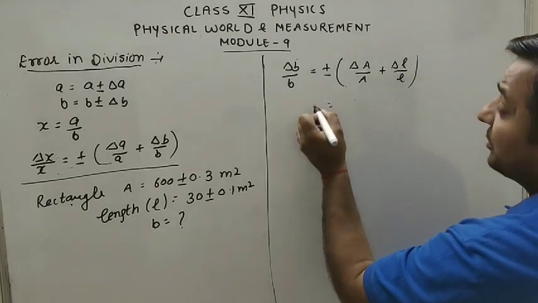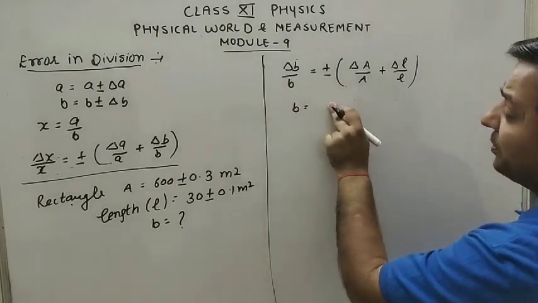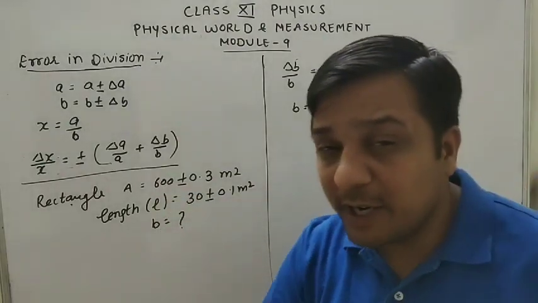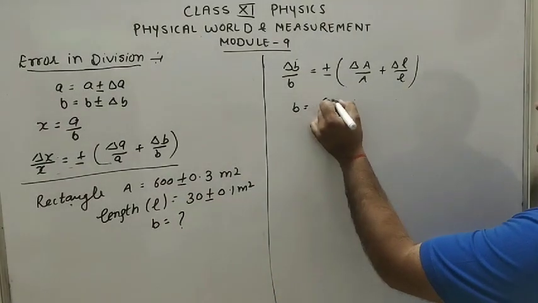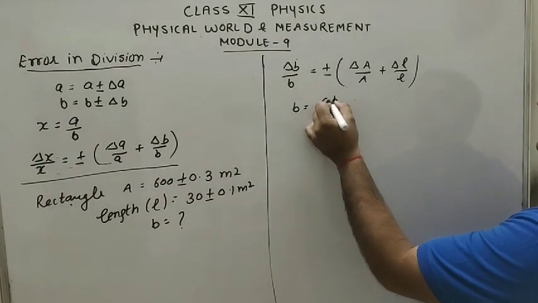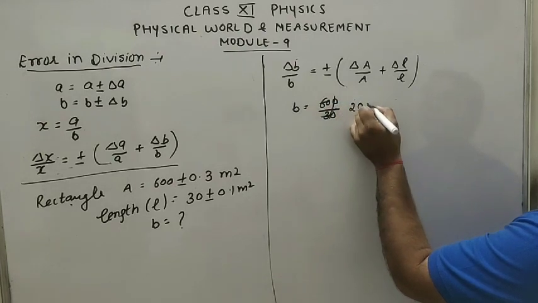So for delta B, first of all, you will find out B, the breadth: area divided by length. That is equal to 600 by 30, which is equal to 20 meter.